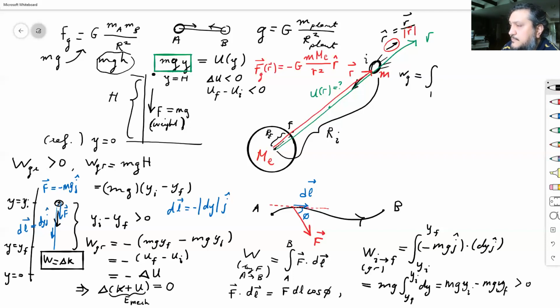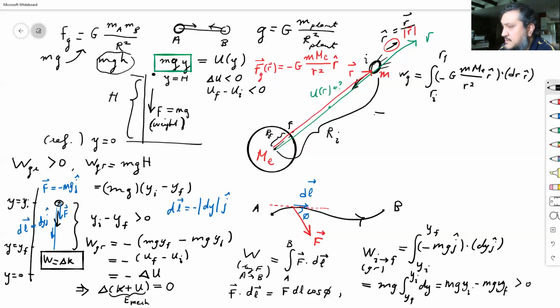Integral from ri to rf of the force, negative G m comet times m Earth over r squared r hat, take the dot product of this with the line element towards the Earth. That will be dr r hat.